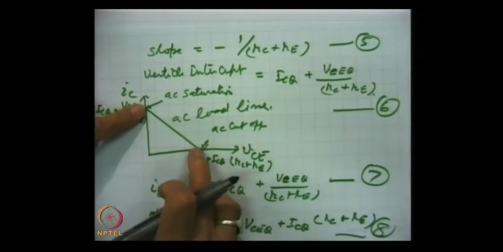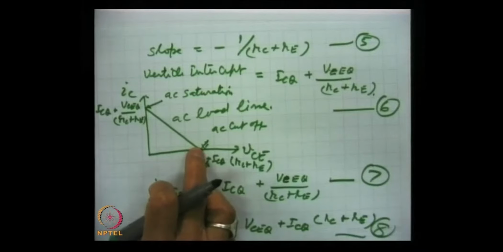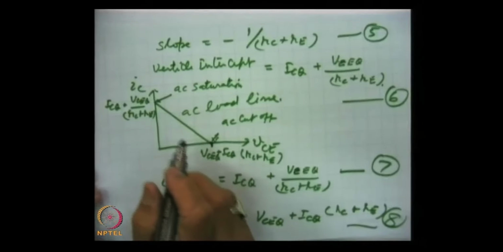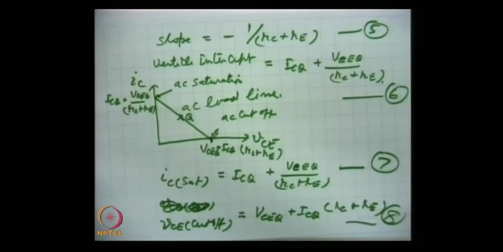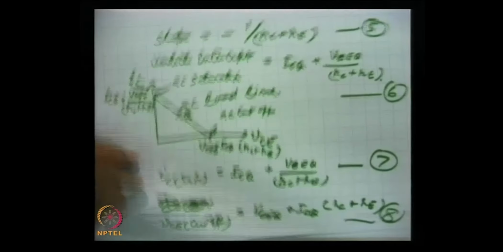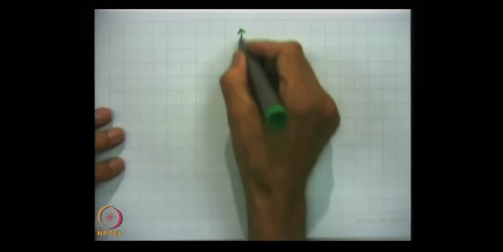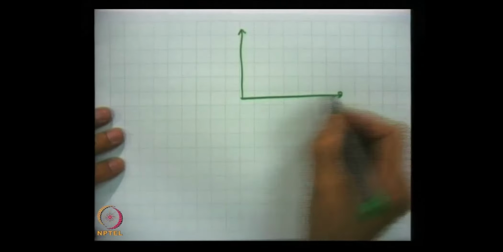Then I will show you how to choose the operating point. Because the swing will be very large, almost the whole portion will be used, hence it will be wise to choose the operating point somewhere in the middle for class A operation. This is what we do now. These are the output characteristics.